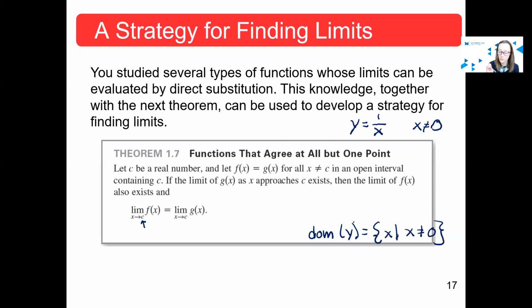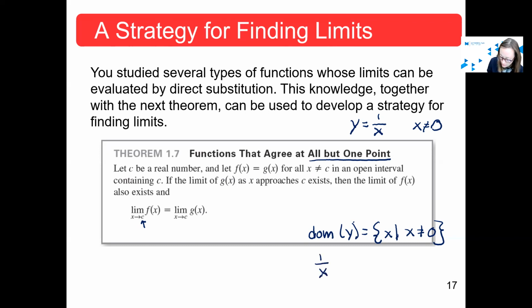It's defined over all the reals except at one point. So this is where f of x and g of x are equivalent except for one value, all but one point. That one point in this case is 0.